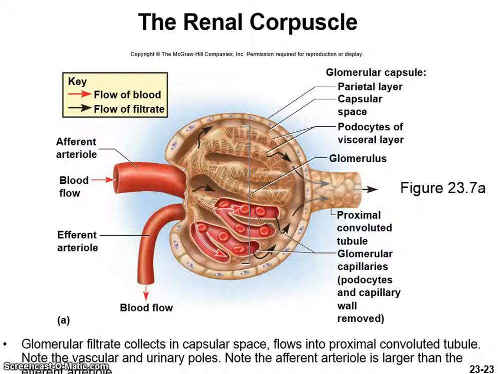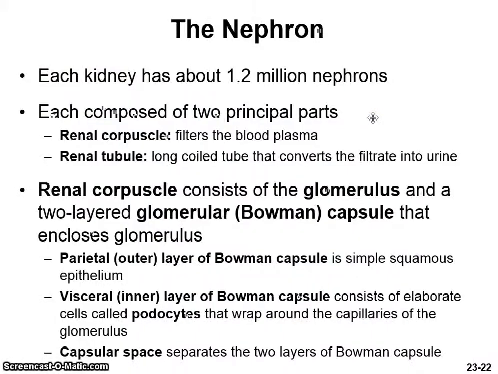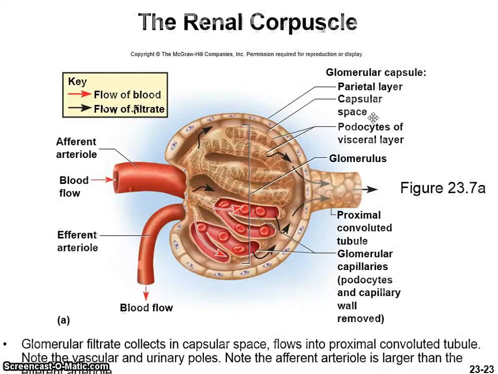It's made out of simple squamous epithelium. Yeah, it is simple squamous epithelium. Within the first layer and the second layer, we have the glomerular space where the filtrate gets filtered out and goes through the proximal convoluted tubule.